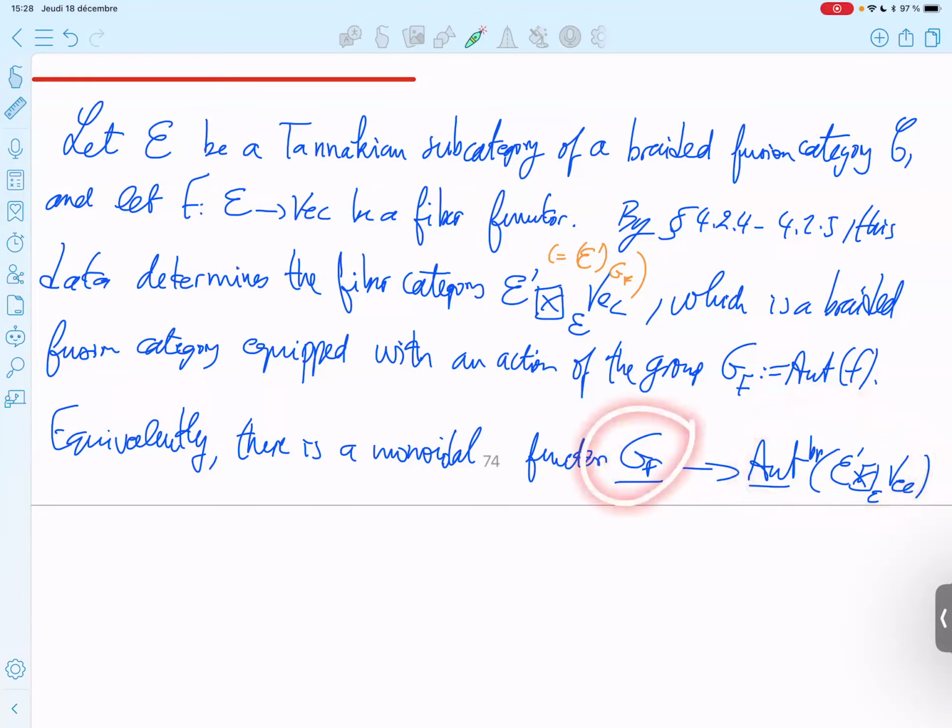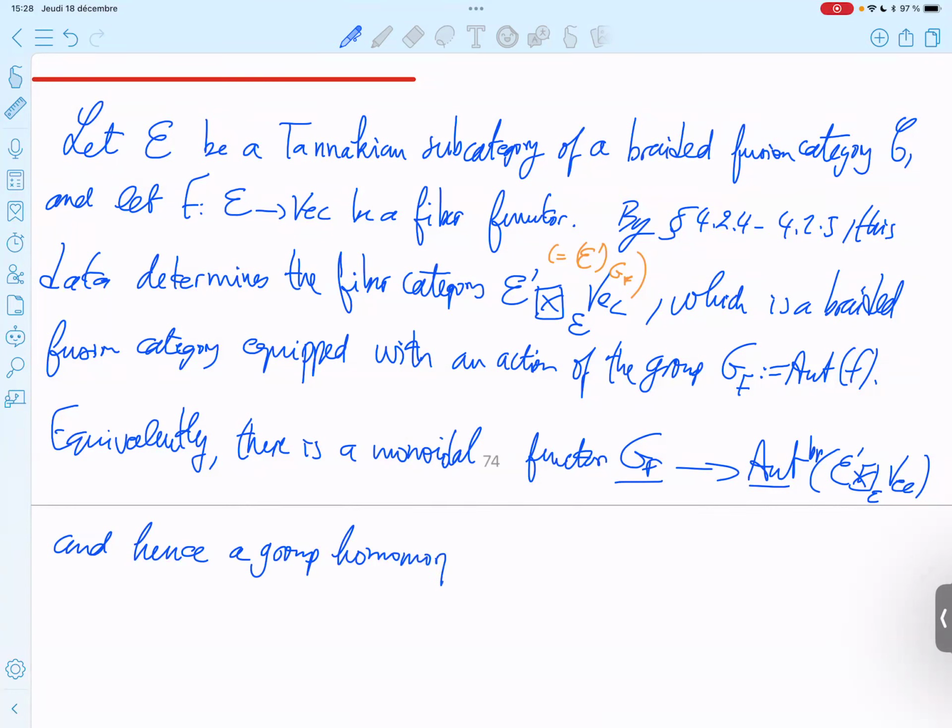To remember the definition of an action of a group, in fact, an action on the braided fusion category, that's why you need the braided automorphism here. And then you get a group homomorphism when you really deal with the group and no more with the category.